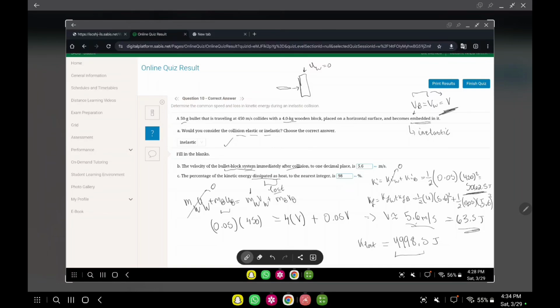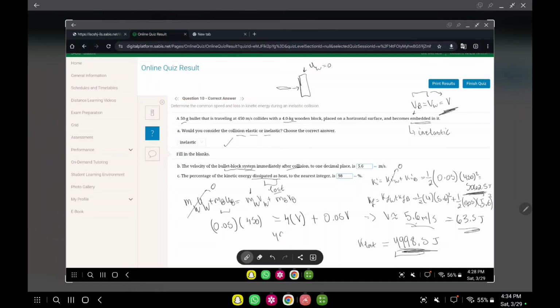Okay, how do we find percentage? How much percent of 5062.5 is 4998.5 joules? I think everybody knows how to calculate this, especially if you're doing the SAT. This is one of the simplest questions you can get. To find the percentage, just divide this by this and times 100.